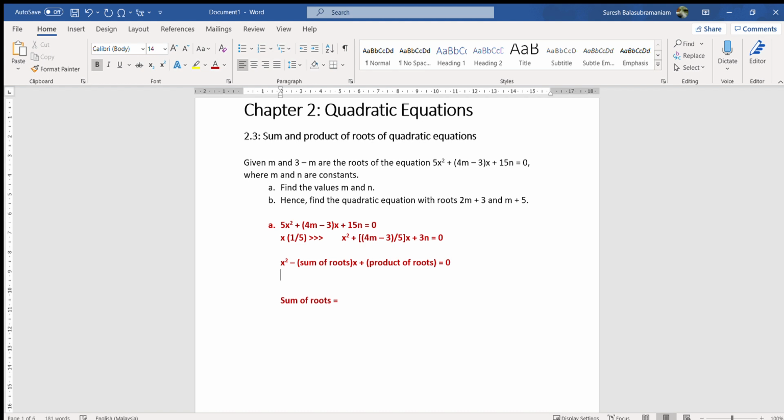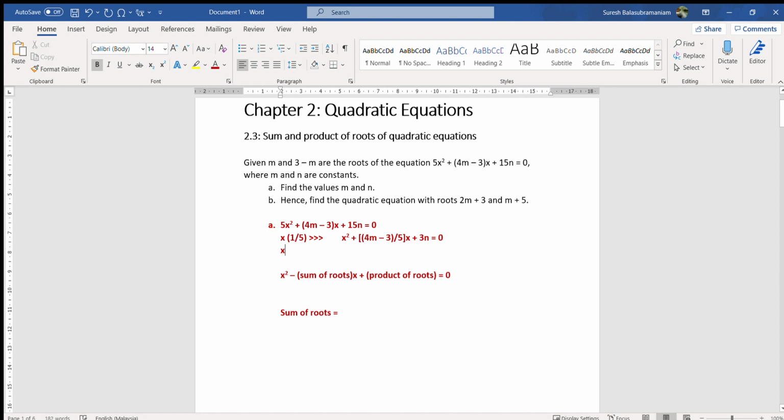Now our equation is as above. To make this part the sum of roots, I need a negative in front, but now I have a positive. So in the next step I'll change it to a negative.